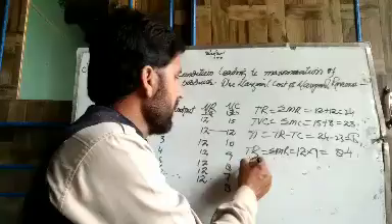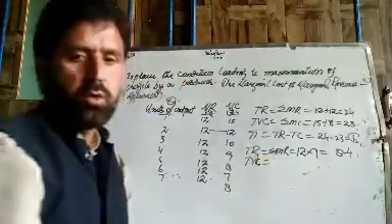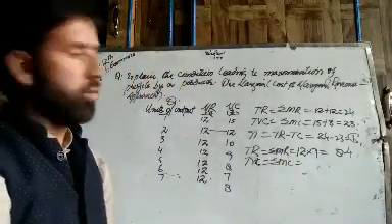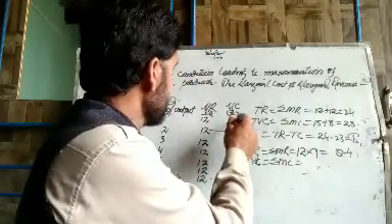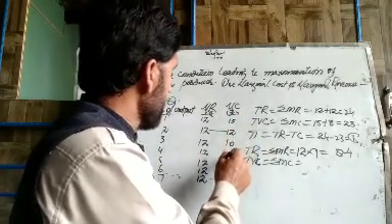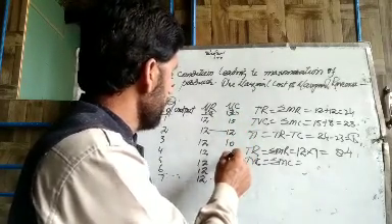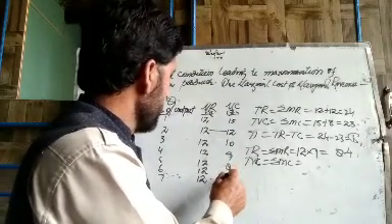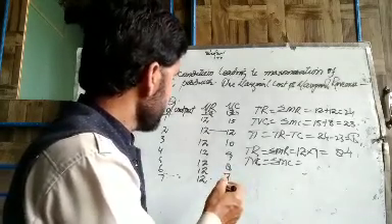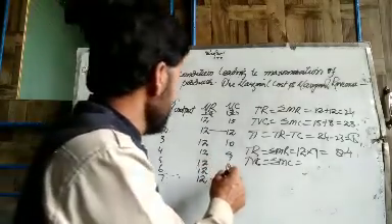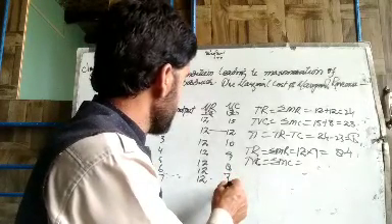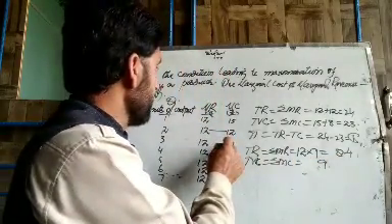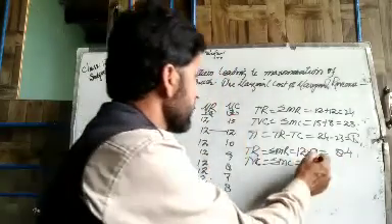The total variable cost is the summation of marginal cost, 15 plus 5 plus 2 plus 2 and so on, that is equal to 69.